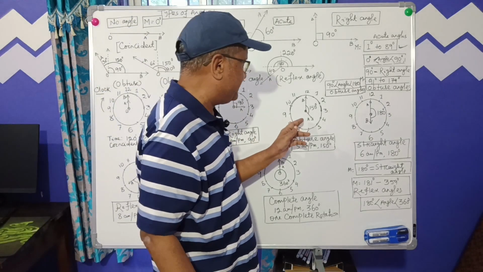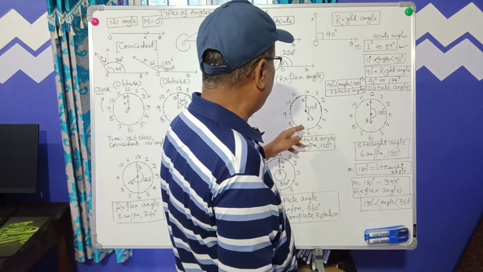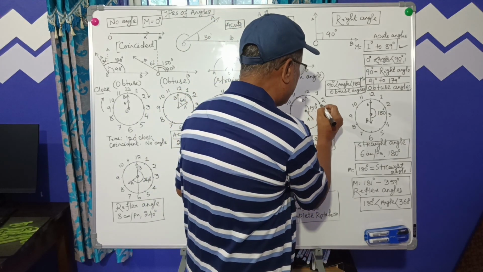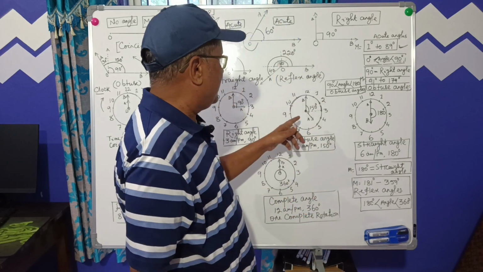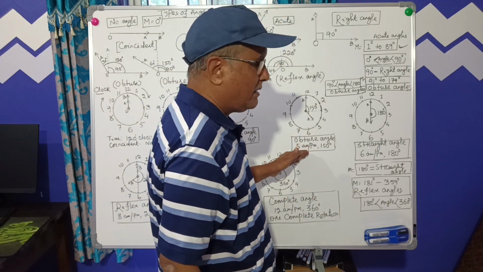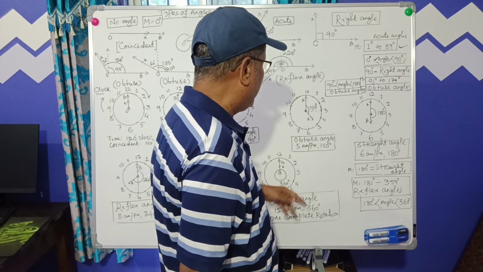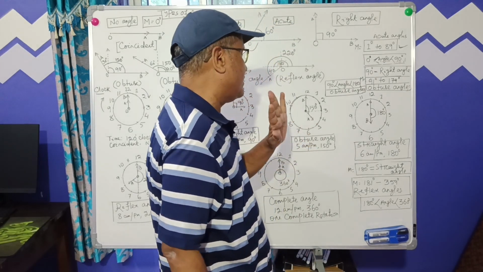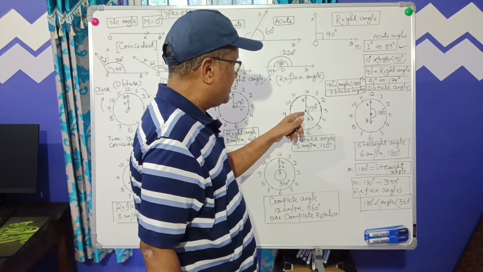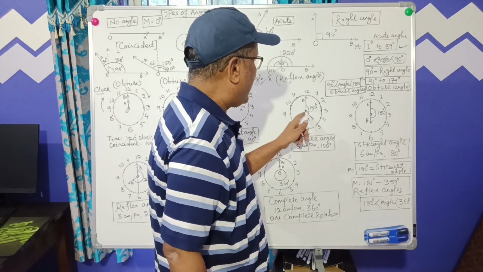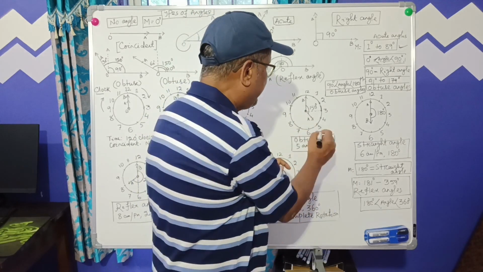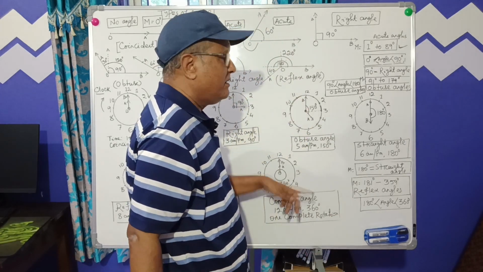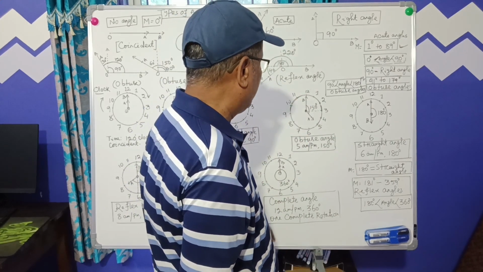So come to here. Now you see, if we join this, let's look, what's the time now? The time is 5 a.m. or p.m., 5 o'clock. At 5 o'clock, the hour arm indicates 5 and the minute arm is towards 12.